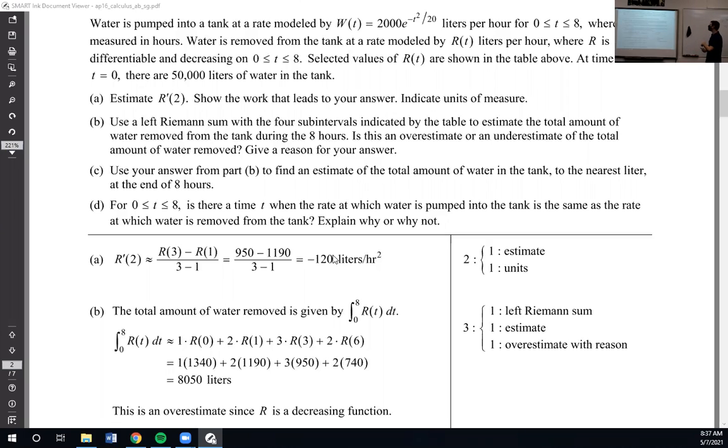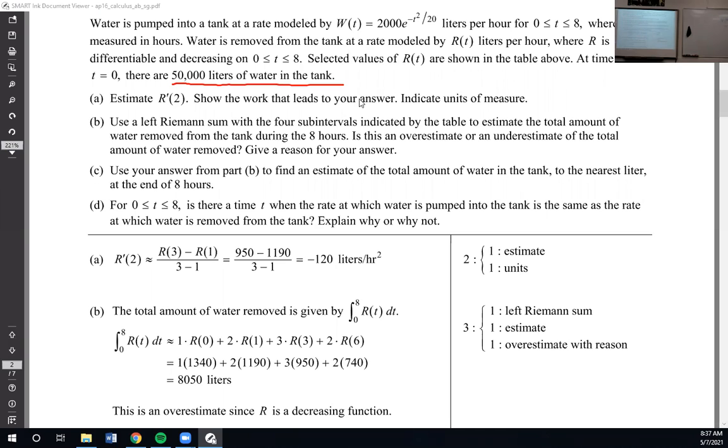Part C. Using the answer from part B, we're going to find the total amount of water. If we want amount, right now we have the rate, so we're going to use an integral to get back from that rate. We're also going to use the initial condition that there were 50,000 liters in the tank. So we started with 50,000.